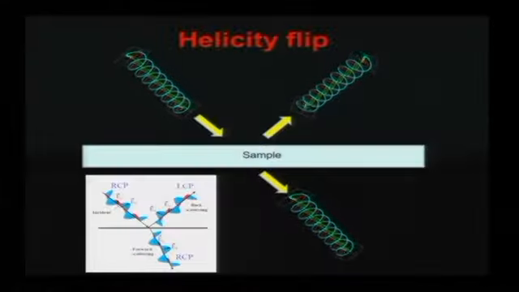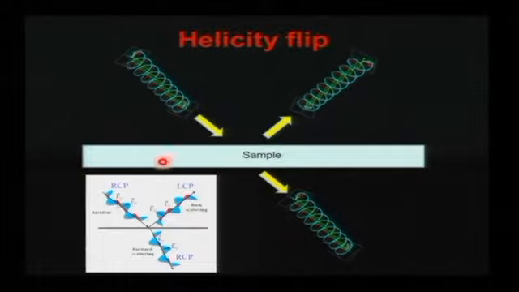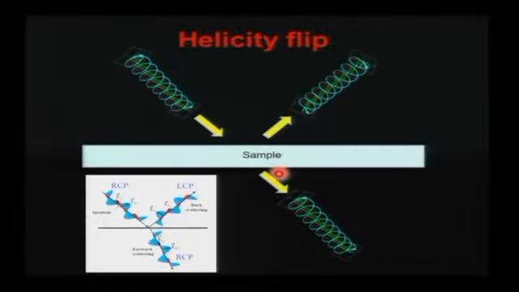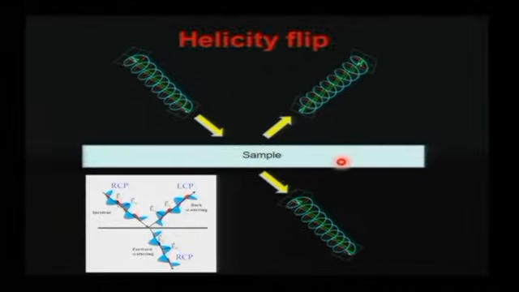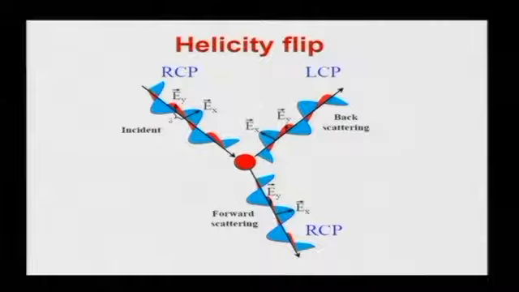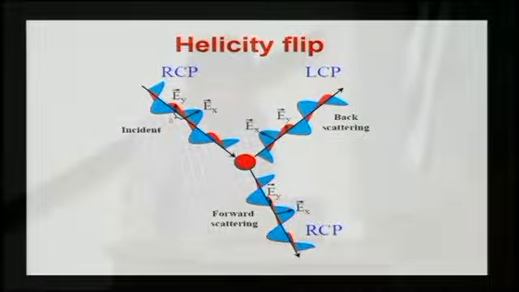So what does it mean? If we consider our case here, that's what happens. When we think about scattering, the helicity flip also happens. For example, if we consider Rayleigh scattering, when the light is scattered forward, it will preserve helicity, and if it is scattered back, it will change helicity.